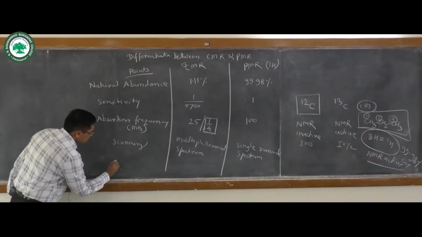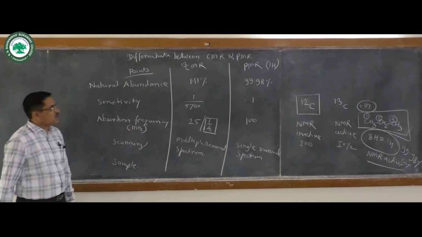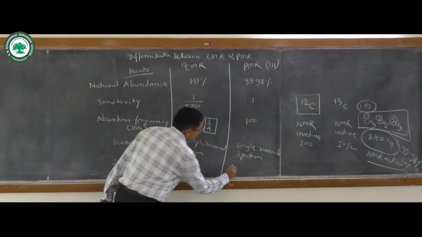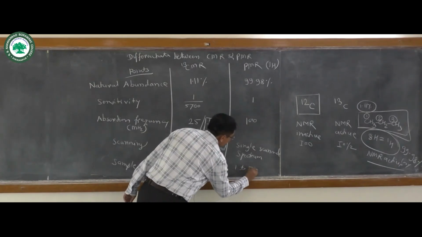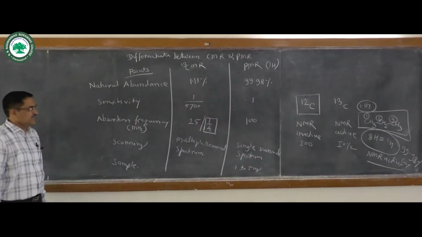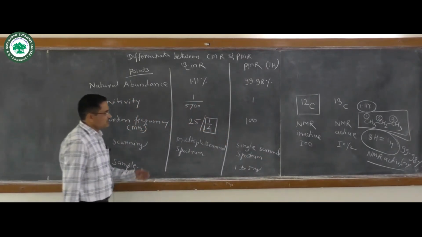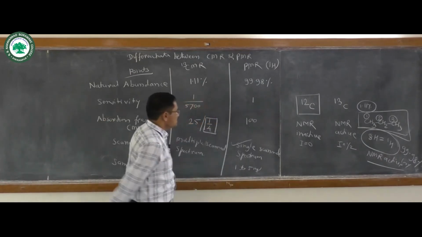And suppose you consider the sample required for PMR, we require 1 to 5 milligram sample for the scanning of the compound and to obtain the spectra, because it is a single scan spectrum.